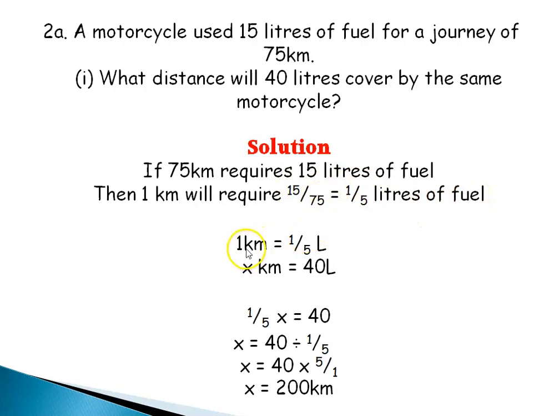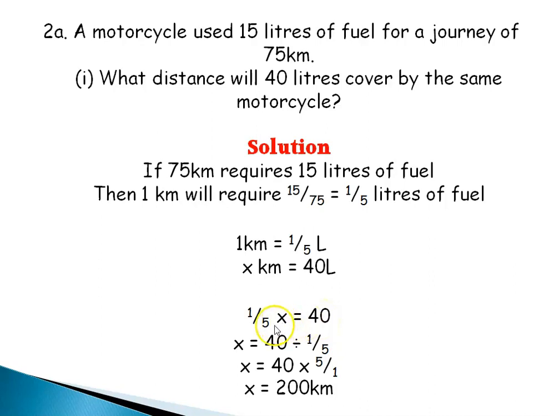So if 1 kilometer requires 1 over 5 liters, then what will be the distance for 40 liters? Let's represent it as x, since that's what we're looking for. So if you cross multiply now, 1 over 5 times x will give you 1 over 5x, and then 1 times 40 will give you 40.